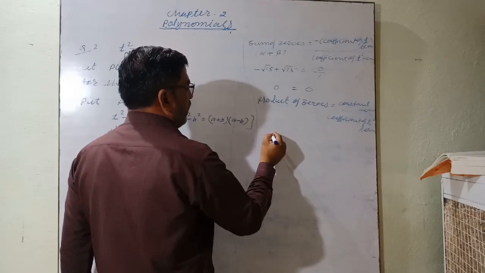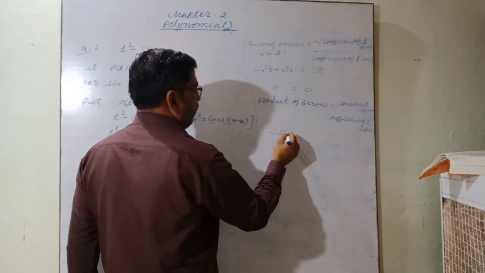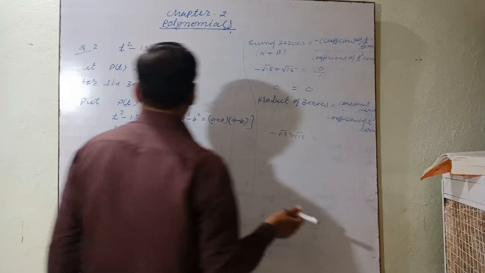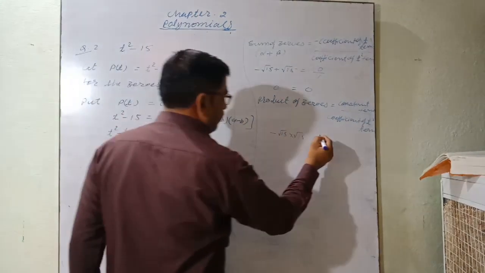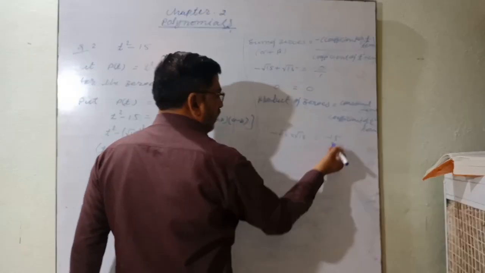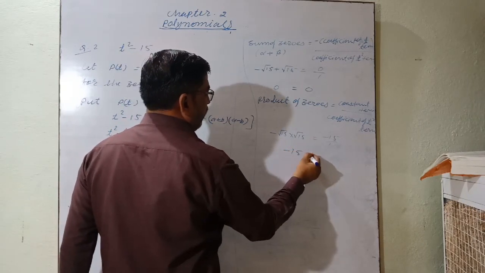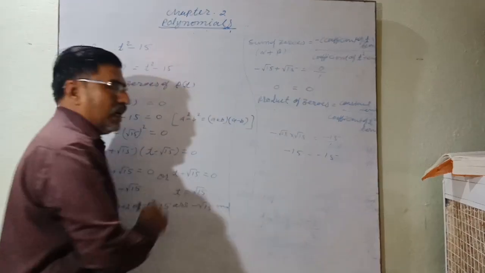So product of zeros, minus under root 15 multiplied by under root 15, equal to constant term minus 15 over 1, this is minus 15 equal to minus 15, also verified.